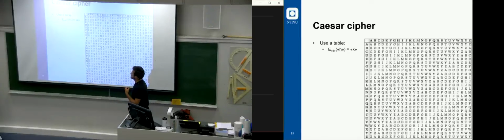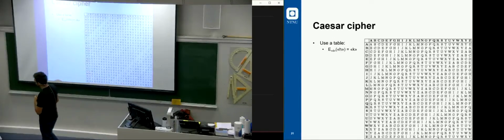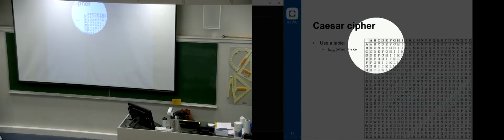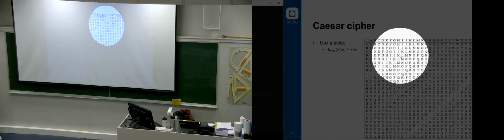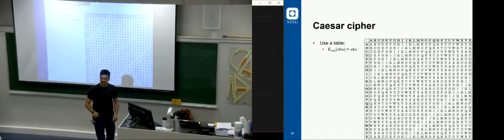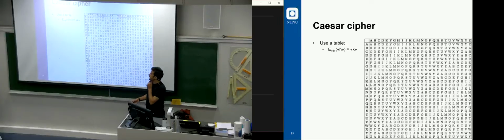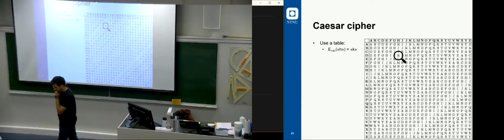For example, for H with the key D, we have to see the character H with the key D, and it will be here. What is that intersection point? Can you see it now? It's here, to show you more clearly.